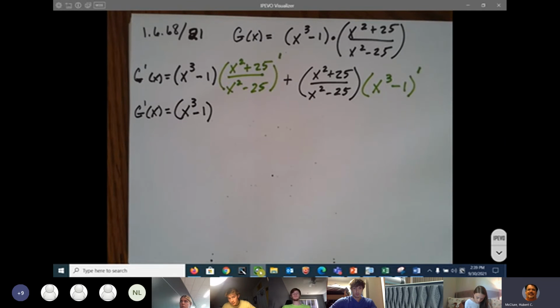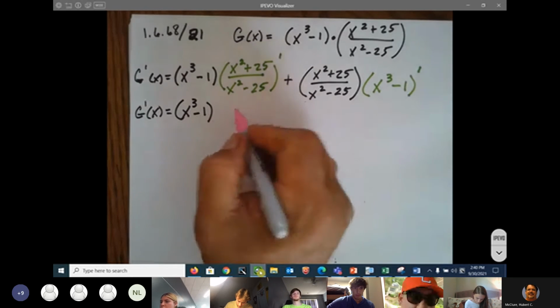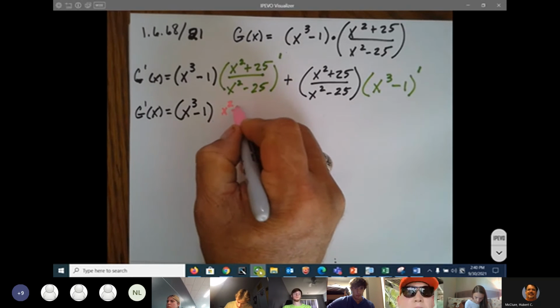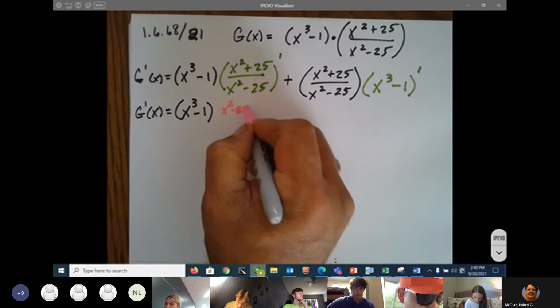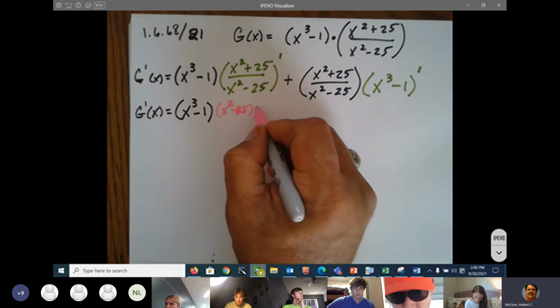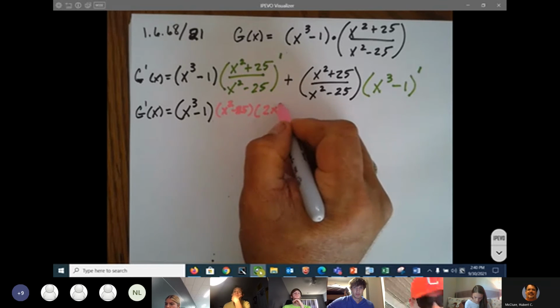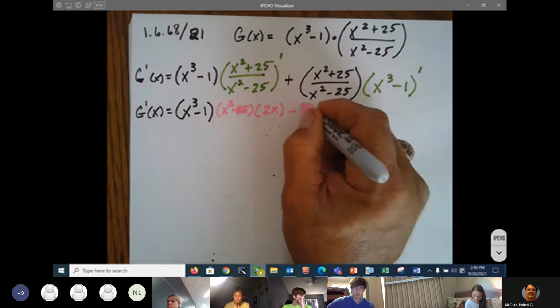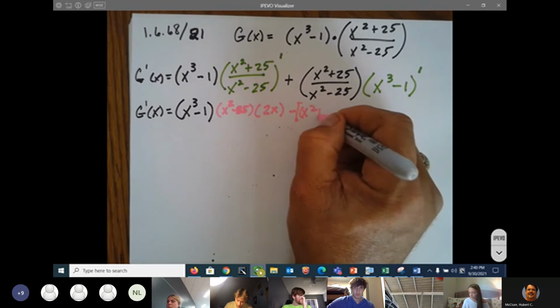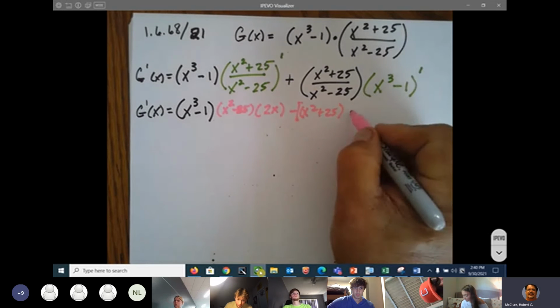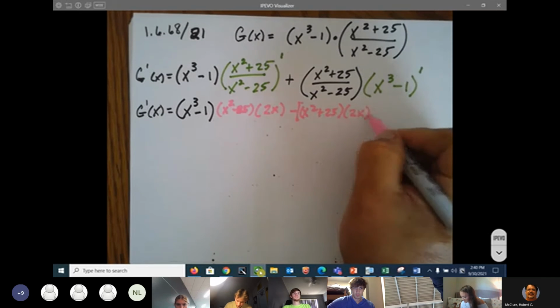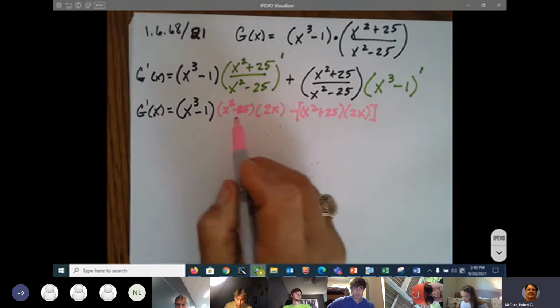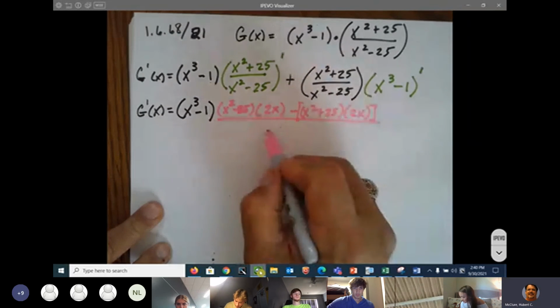And then we're going to take denominator times numerator prime minus the numerator times the denominator prime over denominator squared.